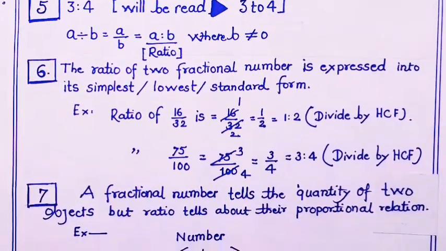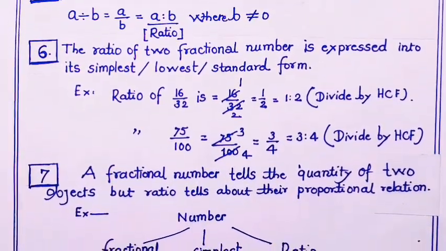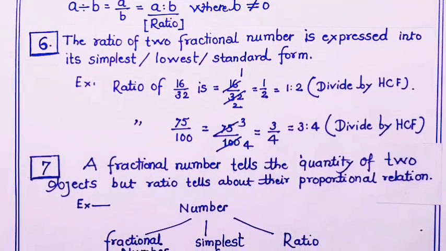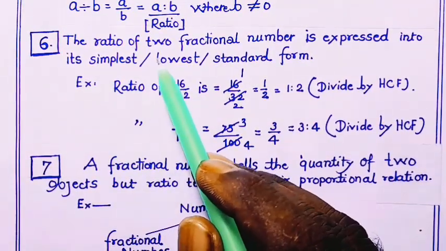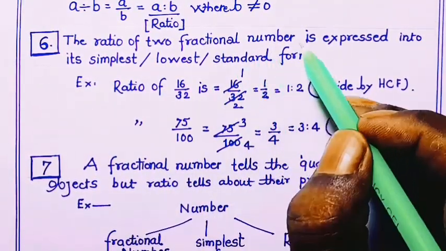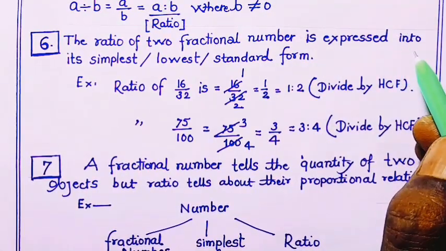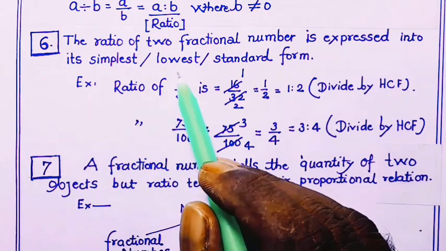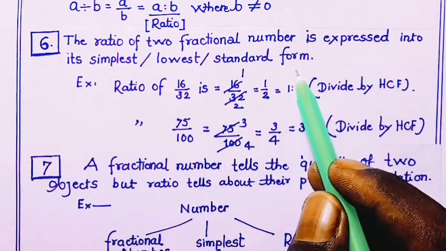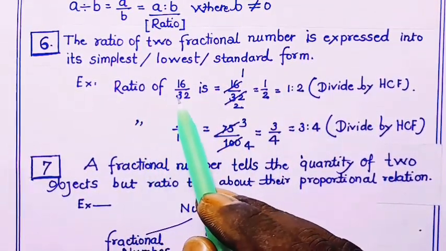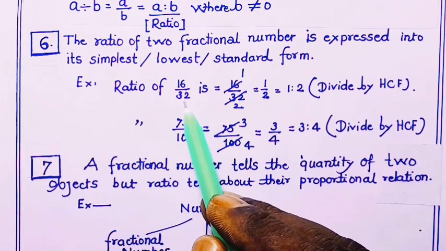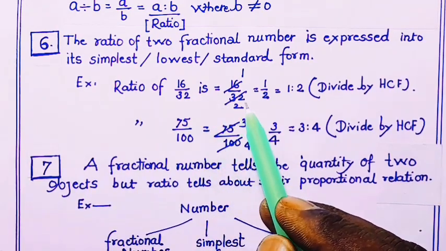You can see now number 6. The ratio of two fractional numbers is expressed into the simplest, lowest or standard form. Ratio of 16 by 32 is in this way.